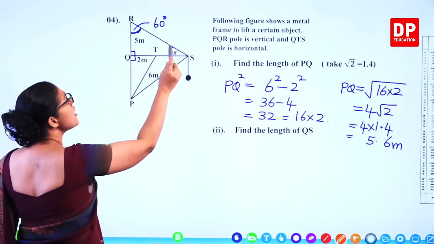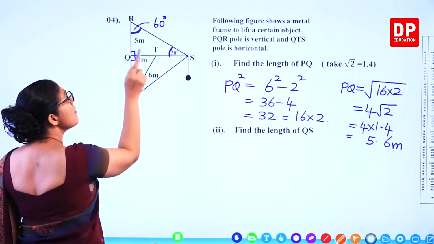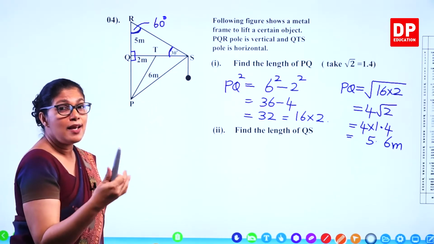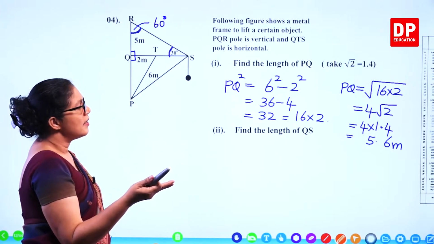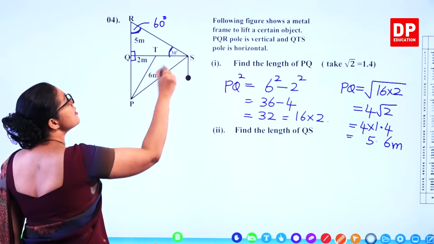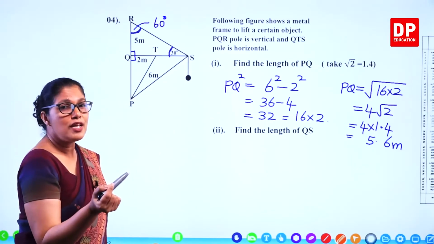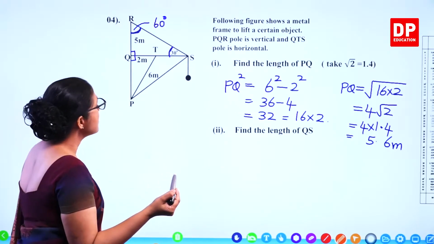What happens if you take 30? If you take tan 30, 5 over QS, then you have to use logarithmic tables to find out the answer. If you find out this angle and use that way, you don't need to refer logarithmic tables. So let's take tan 60 now.